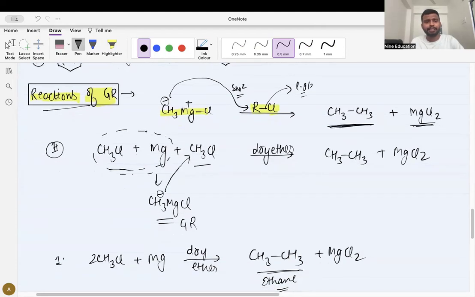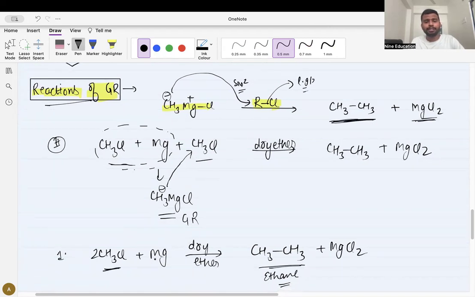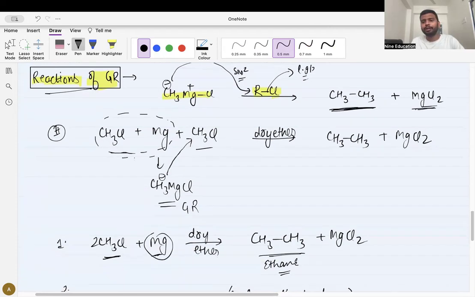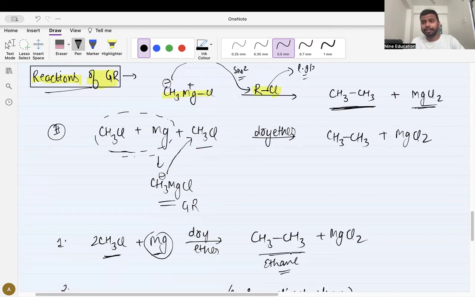Let's say I have CH3Cl and CH3MgCl, these two. So if I have two molecules of CH3Cl with magnesium in dry ether, I will get what? Ethane. I will get ethane. This reaction is similar to Wurtz reaction.